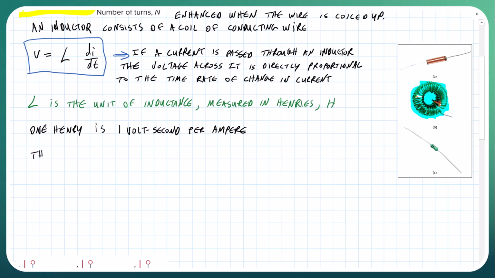The voltage developed tends to oppose a changing flow of current.